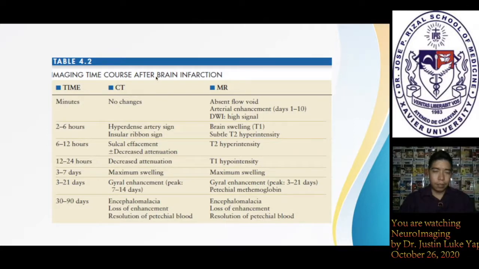The onset of the signs and symptoms is very crucial in helping us identify the findings and at the same time helping the clinicians with their management. So try to familiarize the features that appear on each imaging modality.